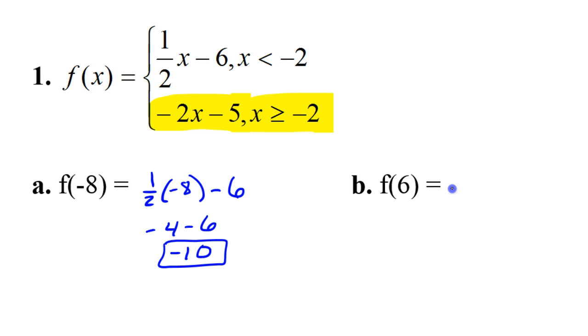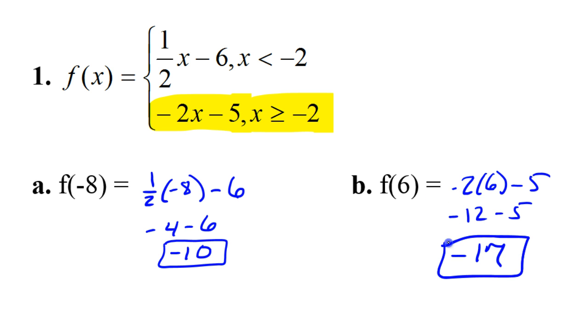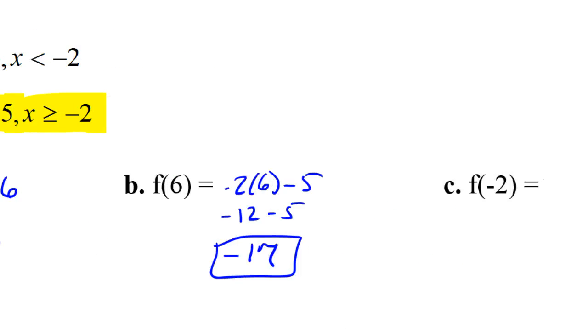So I'm doing -2 times x minus 5, because that's what this function says to do. So that's going to be -12 minus 5, which is going to be -17. Okay, -17. So that should be my answer to B.